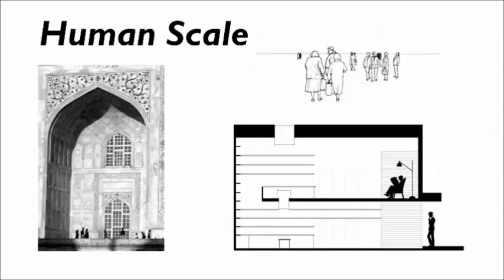Or because you can see this man walking into the first floor, you can understand what it would be like for the roof overhang to be just over your head by a couple of feet. So human scale definitely helps us understand what that space might be like in relation to humans.